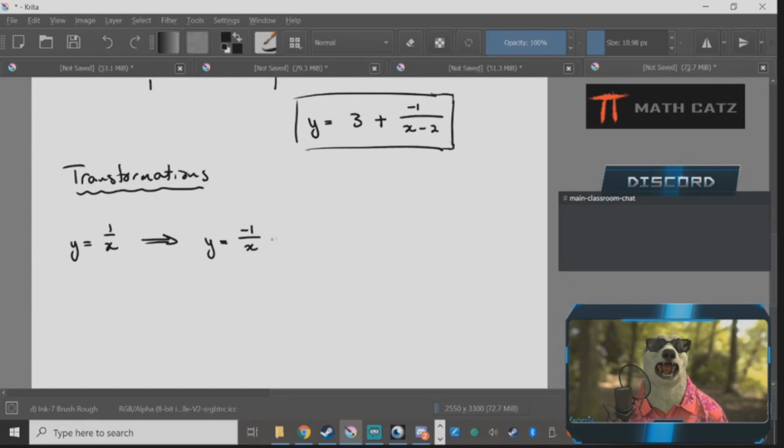I'll put the negative at the top because it looks nicer there. Then I will replace x with x minus 2. And lastly, I will take that right-hand side, squeeze it in the space I have left, and add 3.